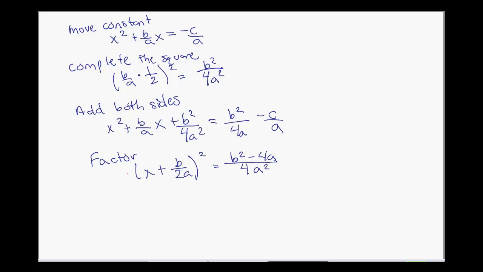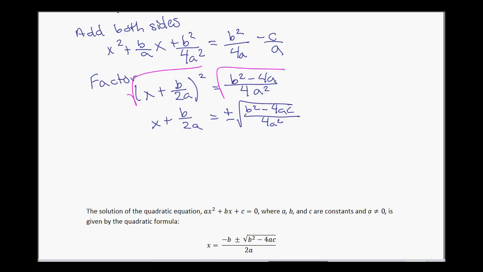Now we need to inverse our square by square rooting both sides of the equation, and we're left with x plus b divided by 2a equals plus or minus the square root of b squared minus 4ac divided by 4a squared. But we can simplify that square root, and we get x plus b over 2a equals plus or minus the square root of b squared minus 4ac divided by 2a.